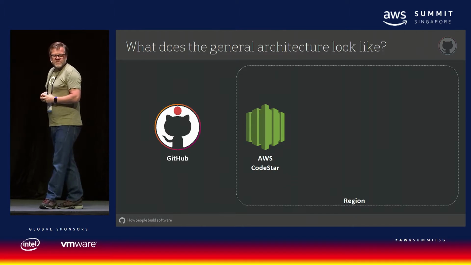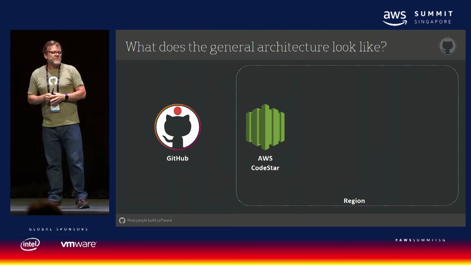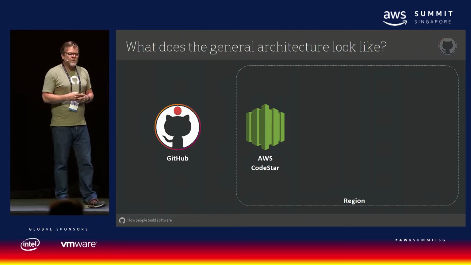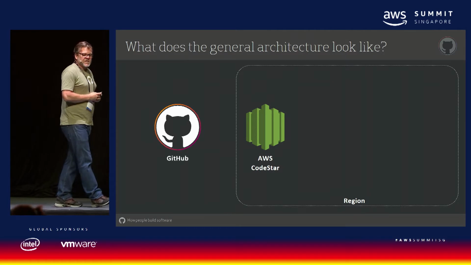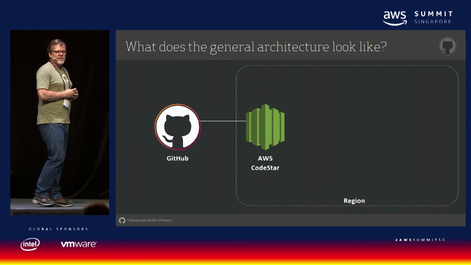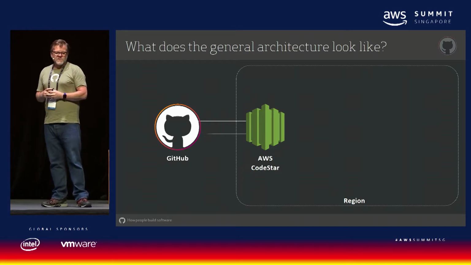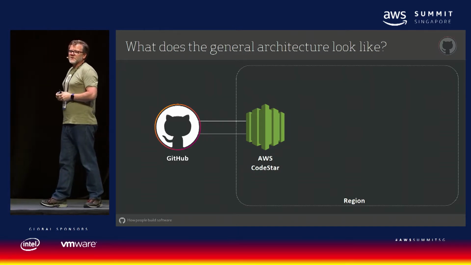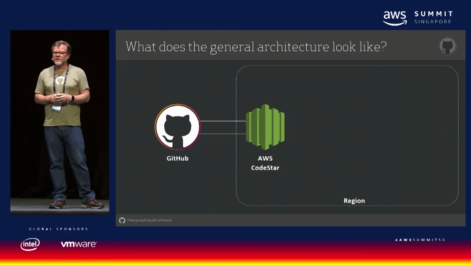Basically, the way this works is something changes within GitHub. You've changed your template, you might have changed your Lambda function, and then we trigger that. We understand that there is a change. Once we understand that, we consume that change and send a little message off to AWS CodeStar. CodeStar receives that message, comes back in, interacts with the GitHub repository and pulls down everything that's changed so we can go ahead and start adding to your environment.